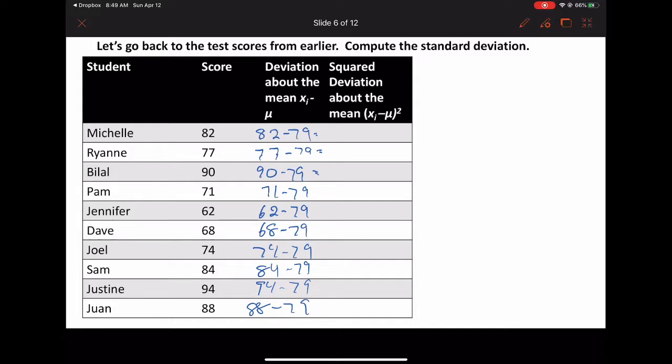So I have 3 squared and negative 4 squared. I don't know what I just did there because that is not negative 4 squared. Losing my mind. Okay, negative 2 squared. 11 squared. Negative 8 squared. Negative 17 squared.